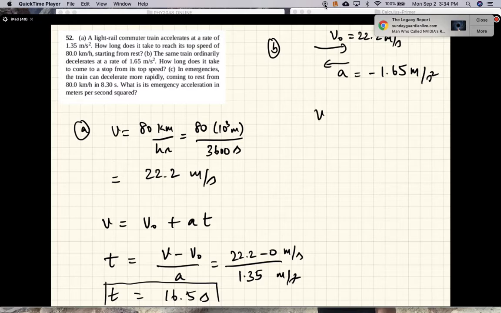So again, we'll use the same equation, V equals V0 plus AT.